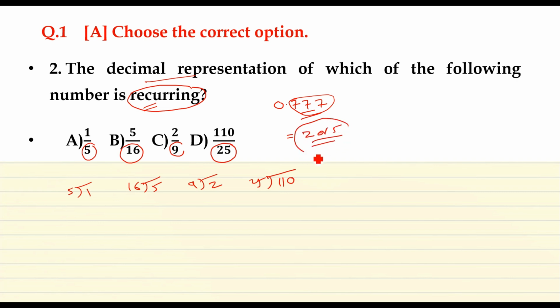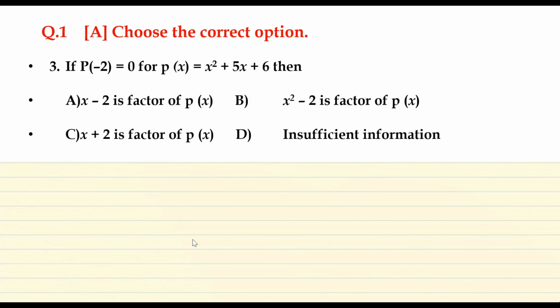A number which is not in the form of a multiple of either 2 or 5. So 9 is not a multiple of 2 and 5. Therefore the correct option is C, and your answer is option C. Answer is 2 by 9.